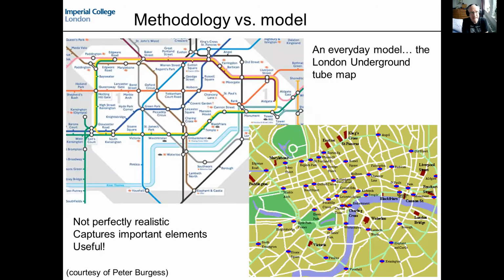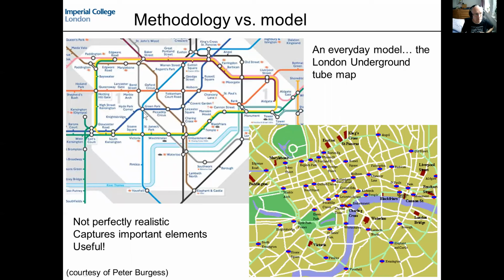The other point to make early on is that the method of applying sequence stratigraphy is different from some of the conceptual models which go with it. The key point about models is that they're simplifications. A model many of you are getting used to would be a tube map of central London compared to the reality of a geographical map of central London.